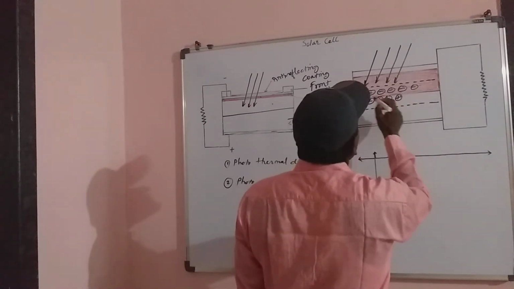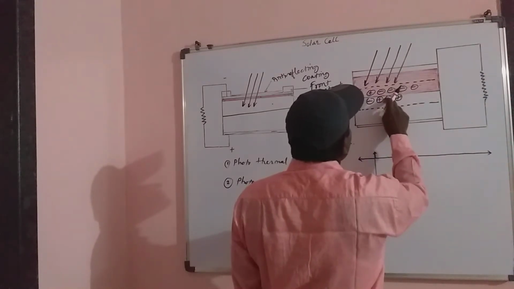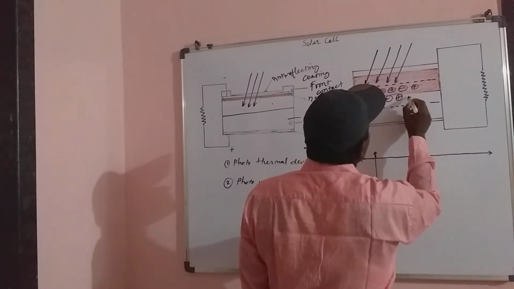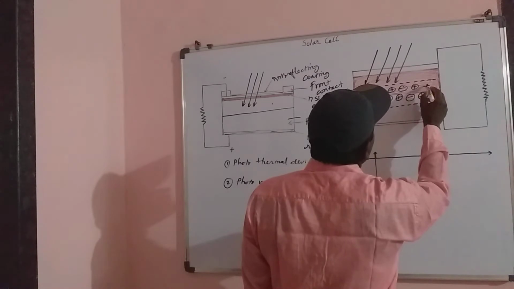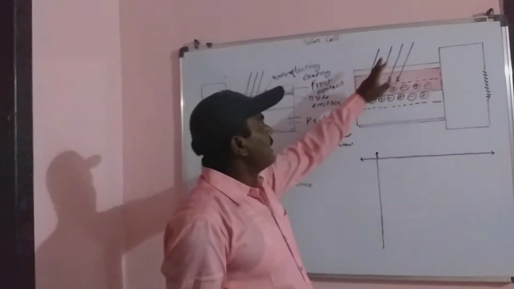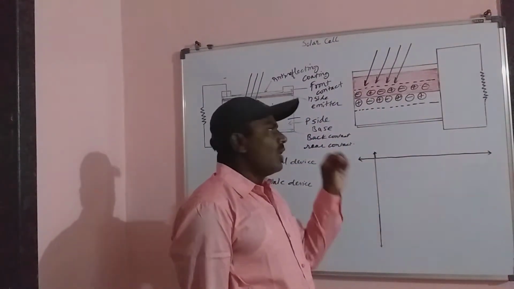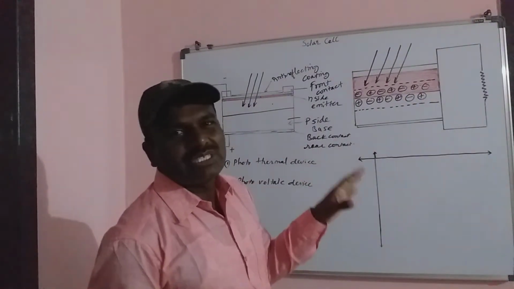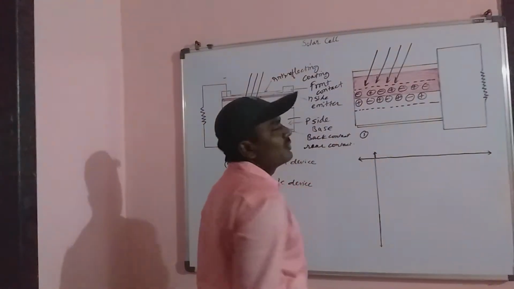In the depletion region there are also holes and electrons. When light is incident on the depletion region of the PN junction, electrons and holes are generated. These are the photo generated carriers. This is the first event in the solar cell.